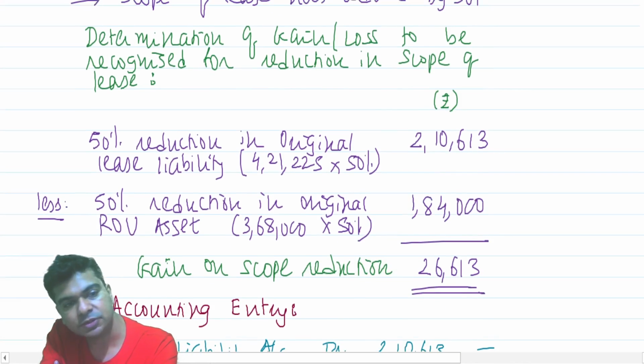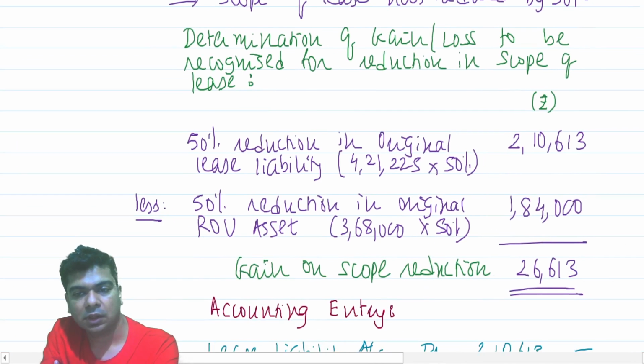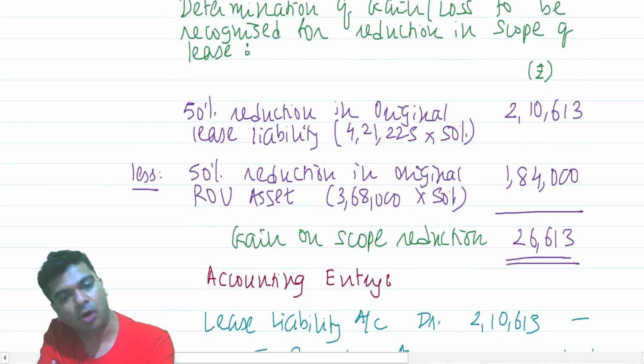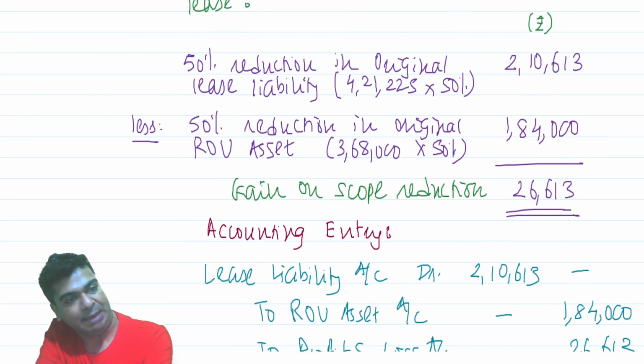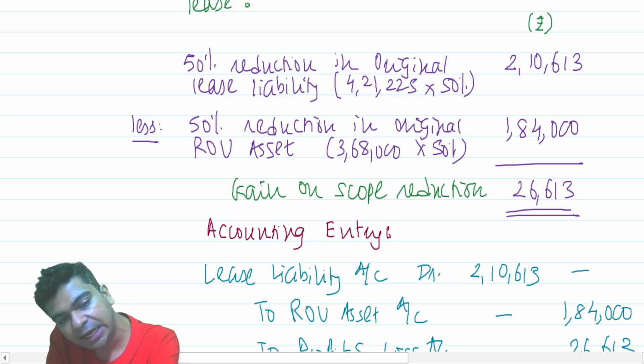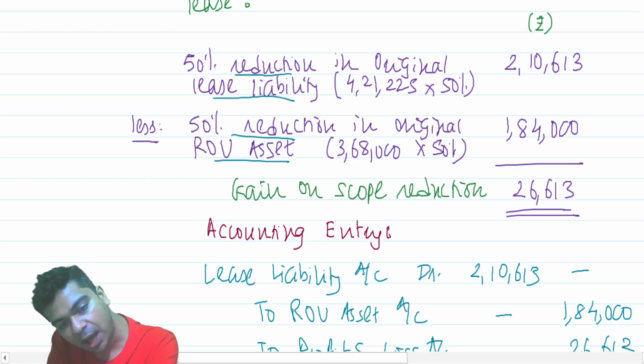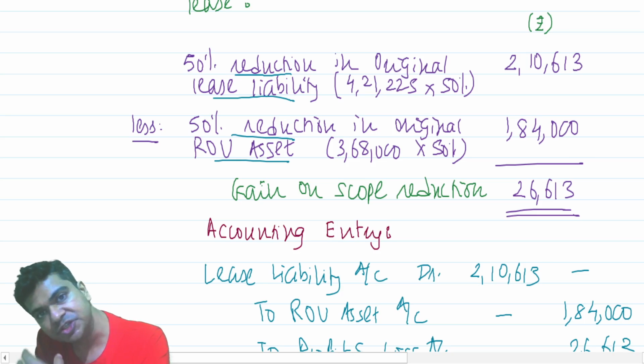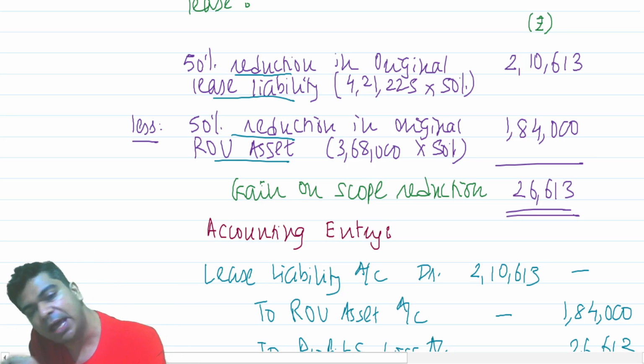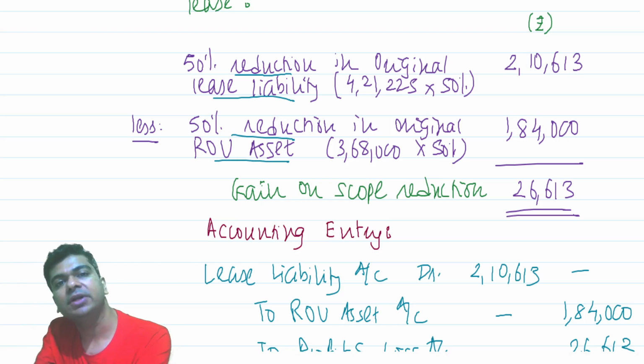I'm talking about this. The gain or loss. You know what was happening in the earlier question? We were directly getting the reduction in the lease liability and directly the reduction in the ROU asset. Lease liability was 4,21,000 and we knew it has reduced by 50%.